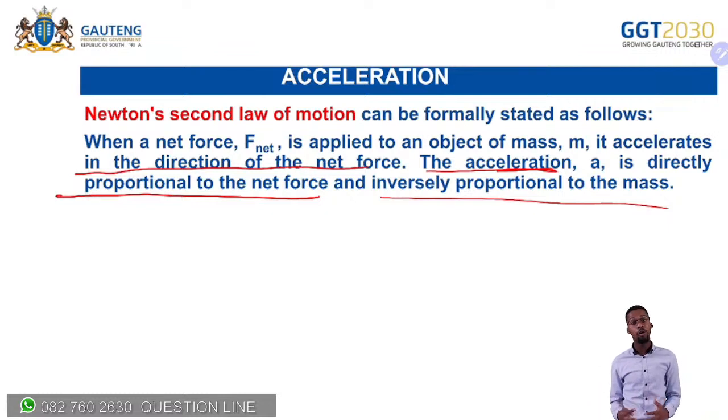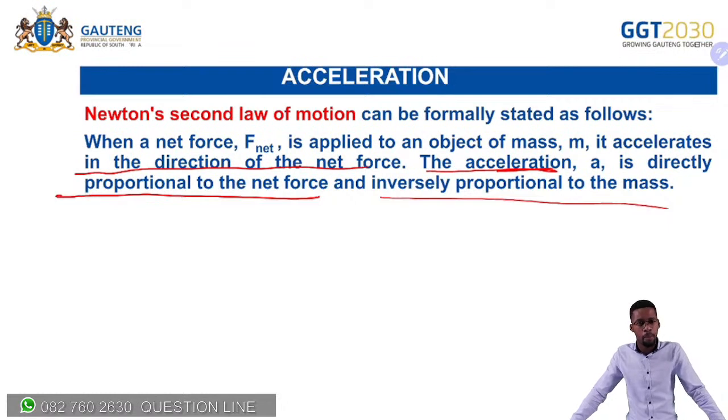So Newton's second law is saying that when the net force is exerted on an object, the object will do what? It will accelerate in the direction of the force. Acceleration, because it is the one that depends on the force, is directly proportional to the net force and inversely proportional to the mass of the object.